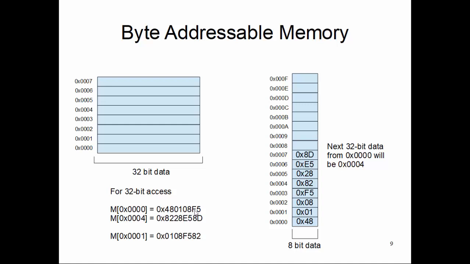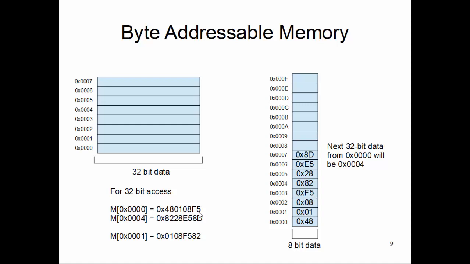48 is 1 byte, 01 is another byte, 08 is another byte, and F5 is another byte. So we start from address 00 where I store 48, the next address I store 01, the next address I store 08, and the next address I store F5, in increasing order. Starting from 000, the next address is 001, then 002, then 003.